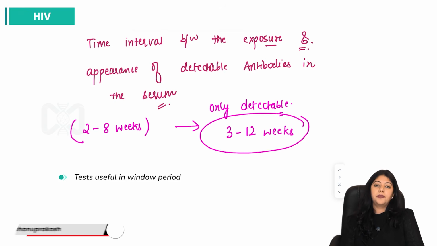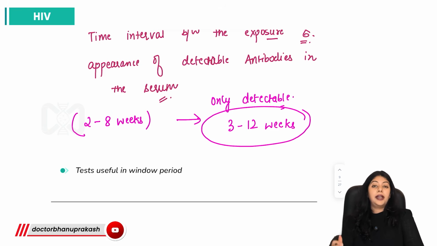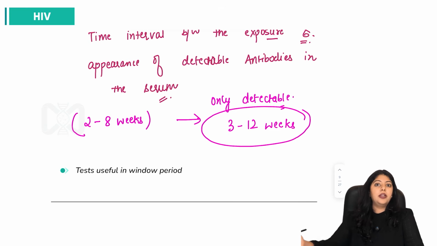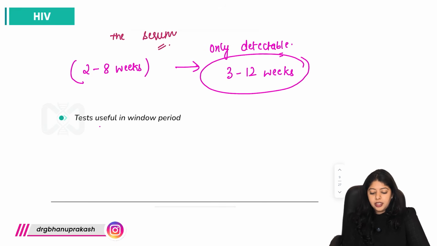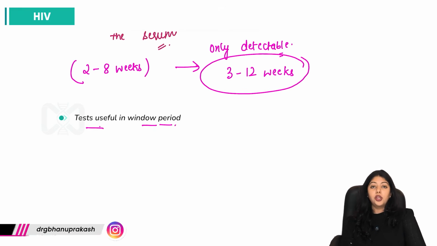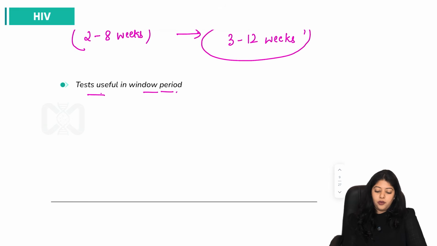So for early diagnosis we also need certain tests, because we cannot wait this long, 3 to 12 weeks, to get a positive, HIV reactive result. There are certain tests which are useful during this window period. What are those tests?